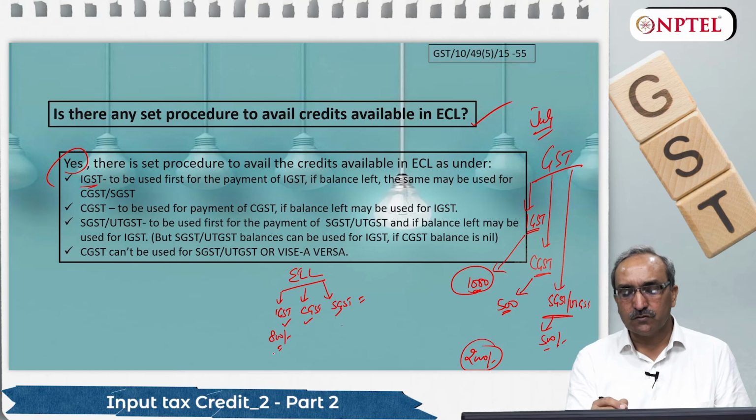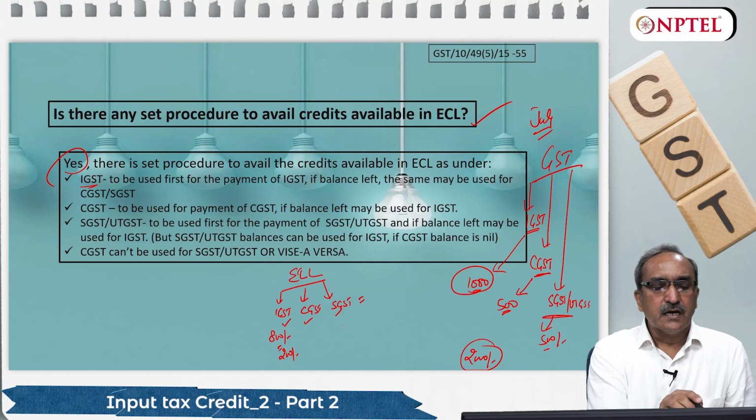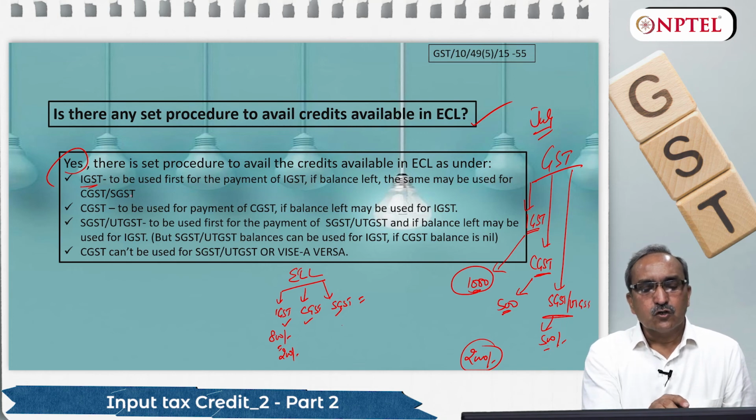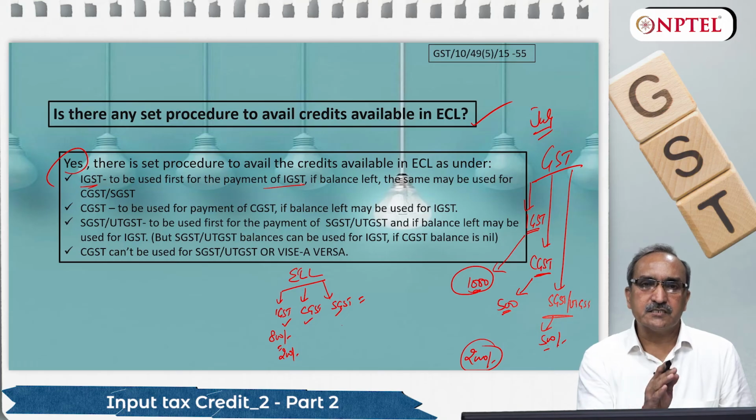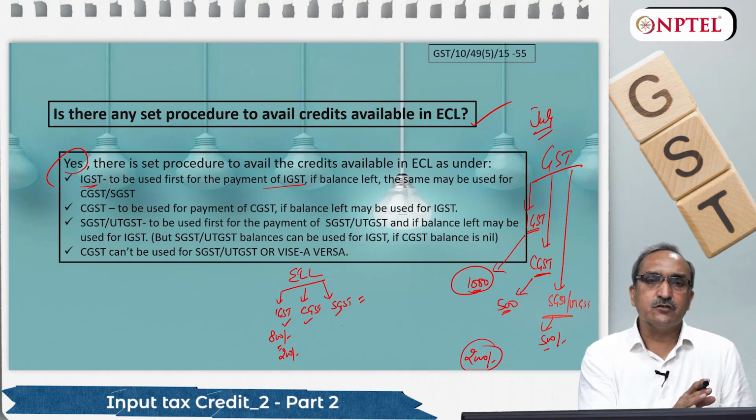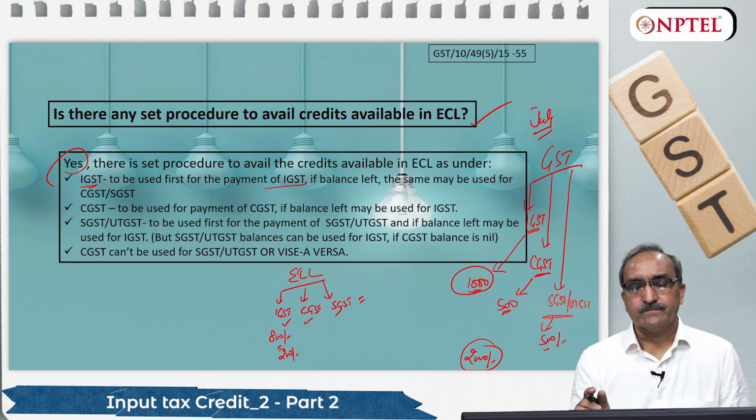So you can straightaway use this balance of IGST against this liability and 200 rupees will be paid in cash. So law says the IGST credit is to be used first for the payment of IGST. So the IGST credit ledger can be used only first for IGST.